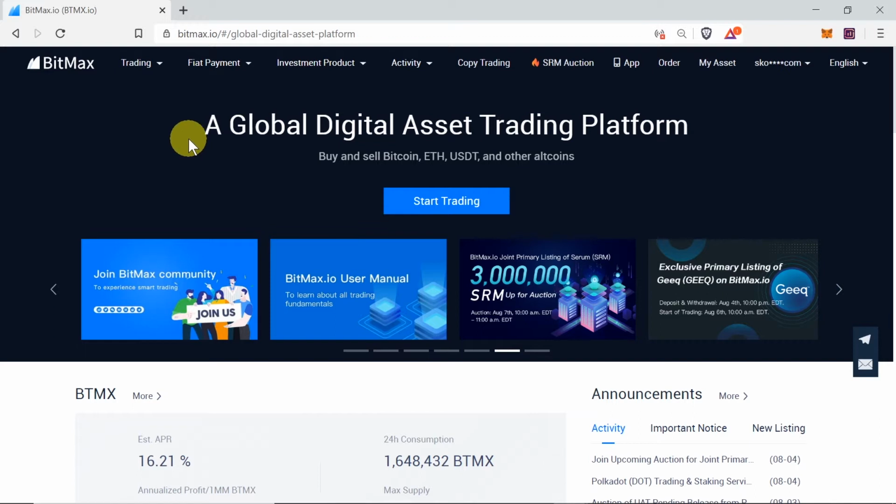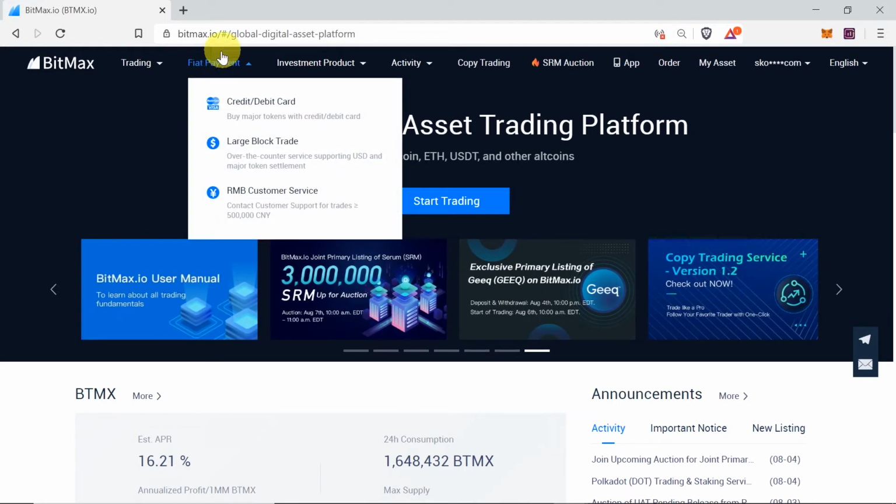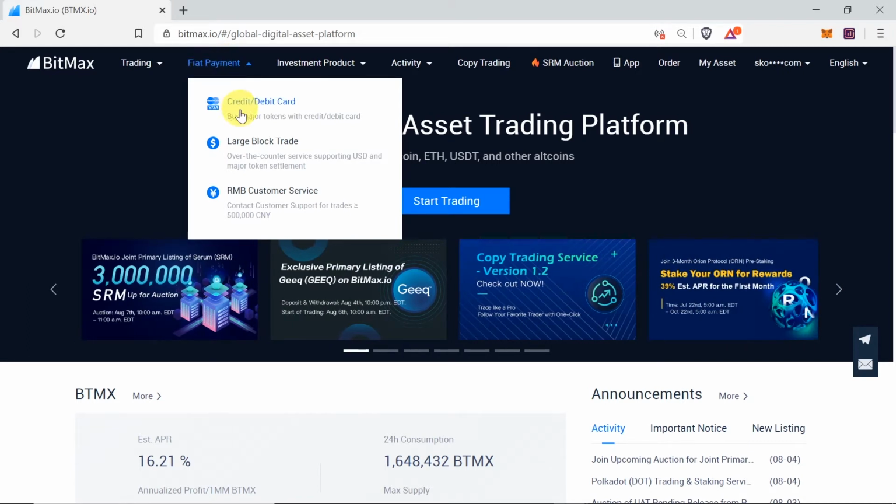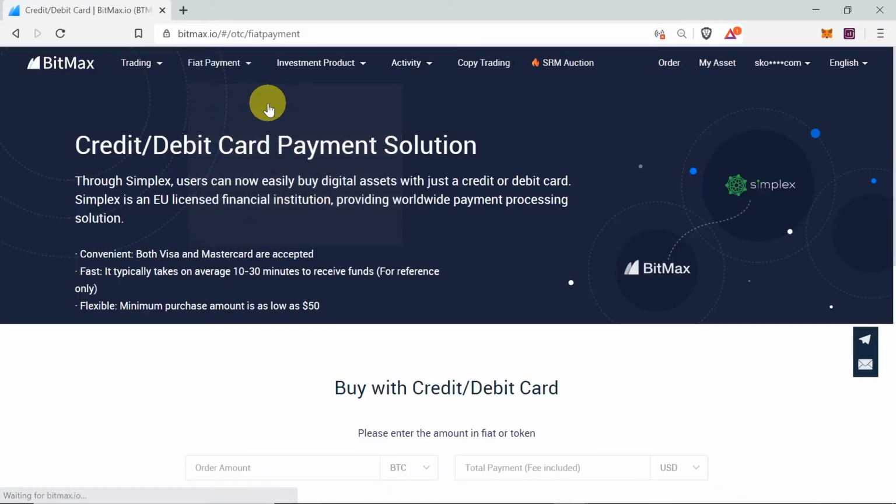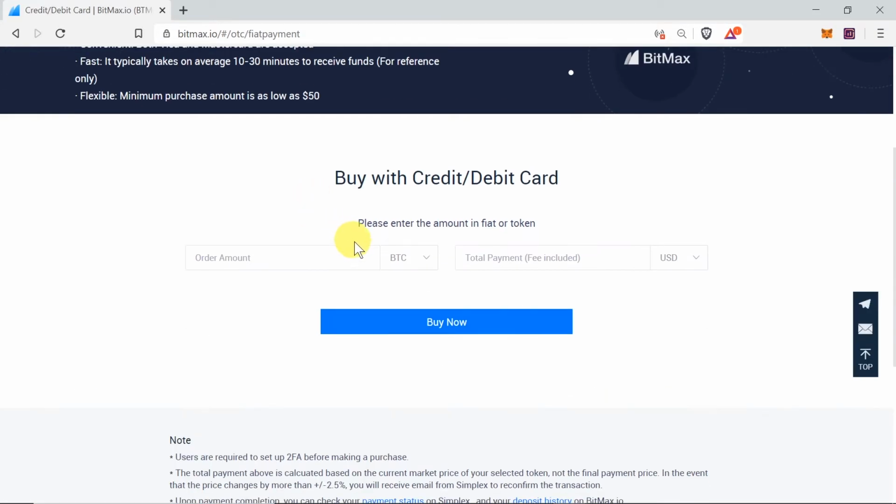Once you create an account, you log into your account, and then if you don't have cryptocurrencies yet and you want to buy them from your bank account, you would go to fiat payments and then credit or debit card. And over here we can buy cryptocurrencies like Bitcoin, Bitcoin Cash, Litecoin, Ripple, Ethereum or Stellar for dollars or euro.